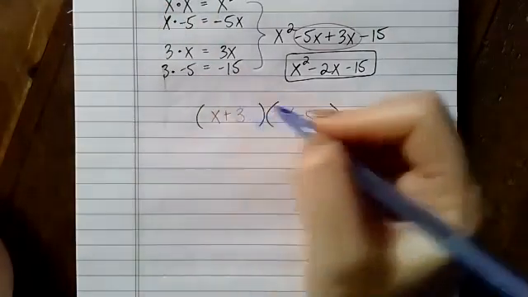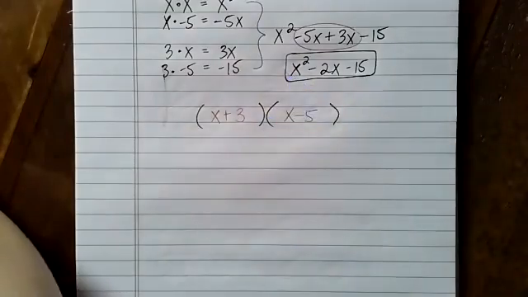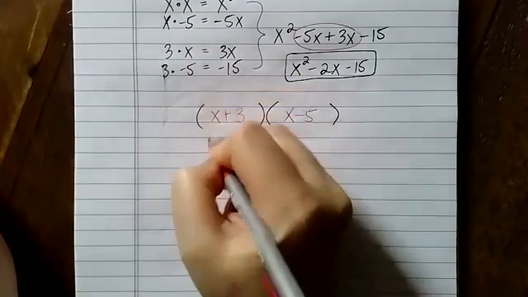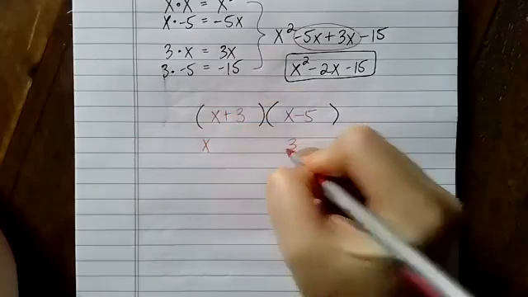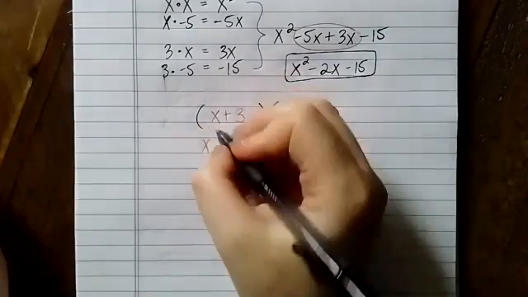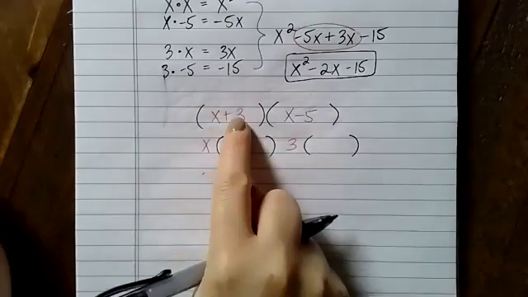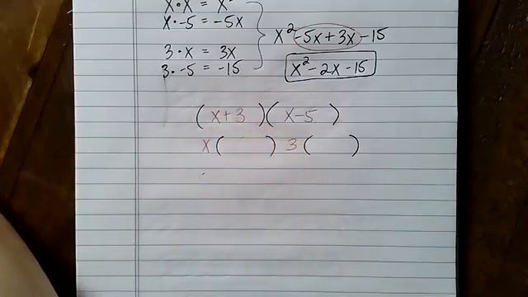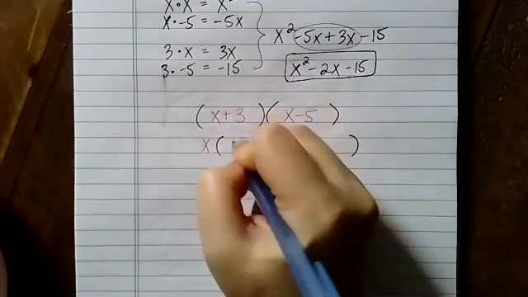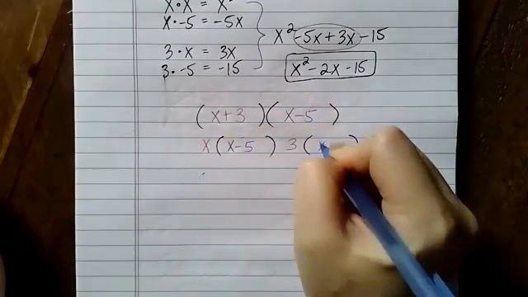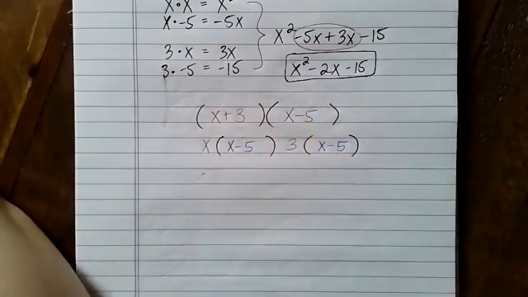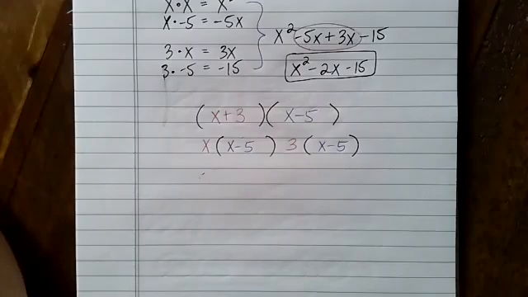So I can change this to x and 3, right? Put those parentheses, okay? This x goes here and this 3 goes here. And then because I shared it twice, I get to write x minus 5 twice, okay? Then I can go right ahead and distribute it.